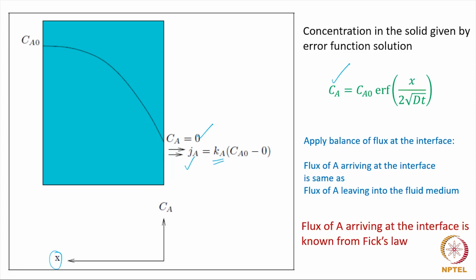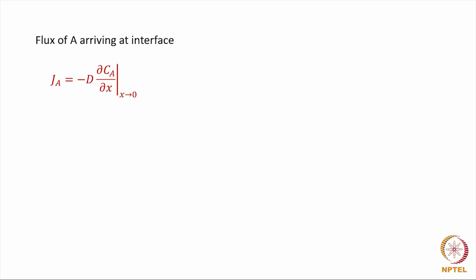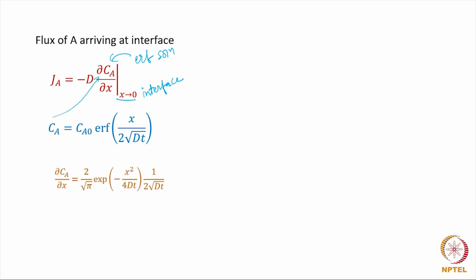Okay, and this is what we write. First we write the flux of A arriving at the interface using the composition profile, and x equal to 0 is the interface, so this part is evaluated there, and this is known from the error function solution. So we substitute that, and we already know how to differentiate 2 by root pi e raised to the power of minus eta squared.